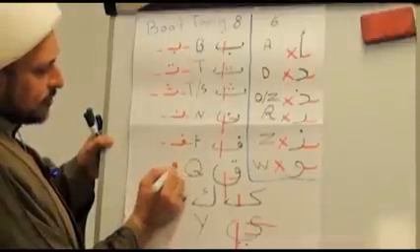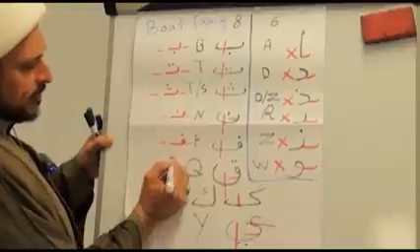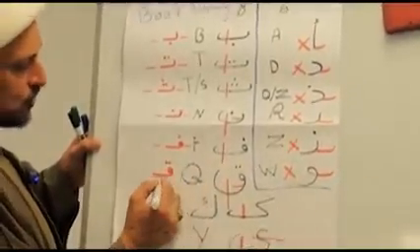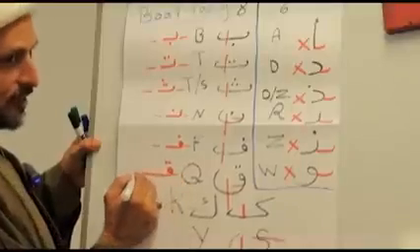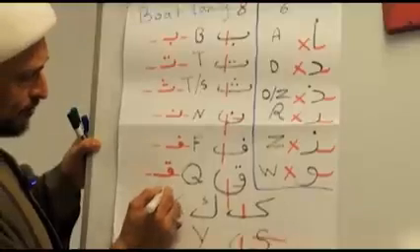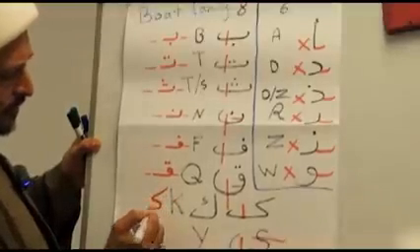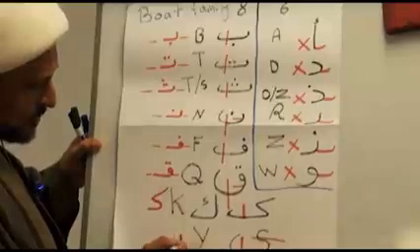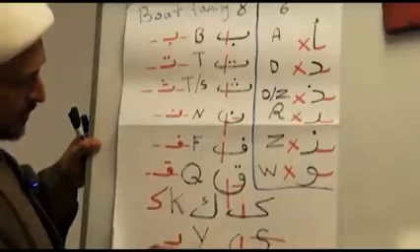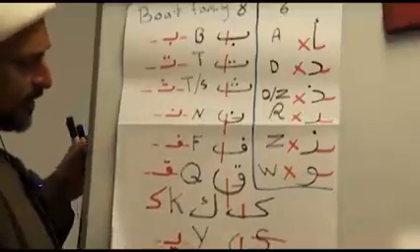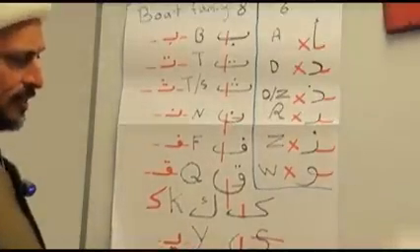Qaf, we'll cut the tail and stretch it, so we can connect it from the left and right. And then kaf, we'll cut the tail. And ya, we said we'll cut the head and the tail, and you can connect it from the left and the right-hand side.